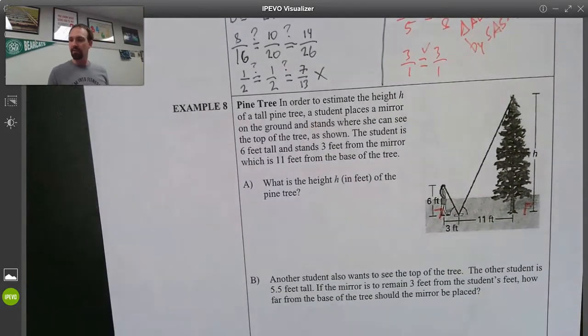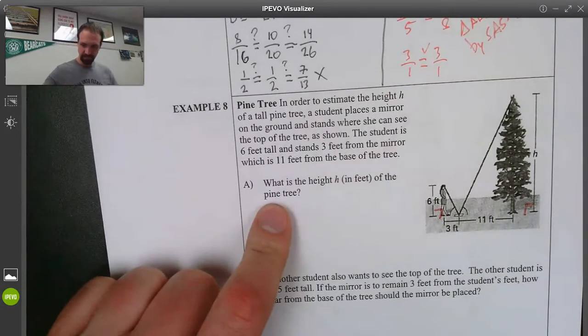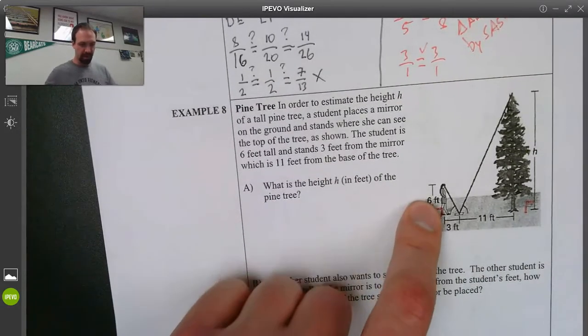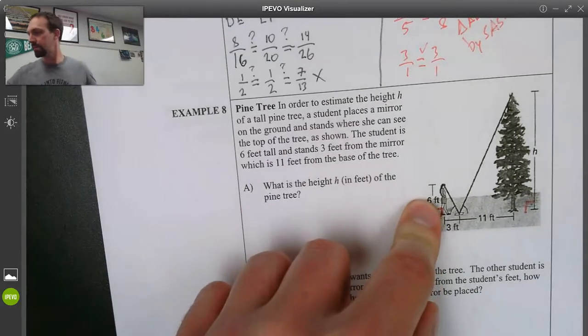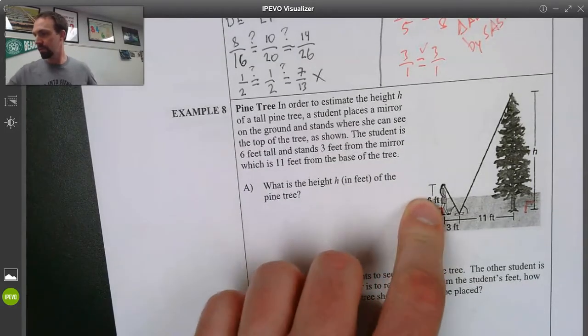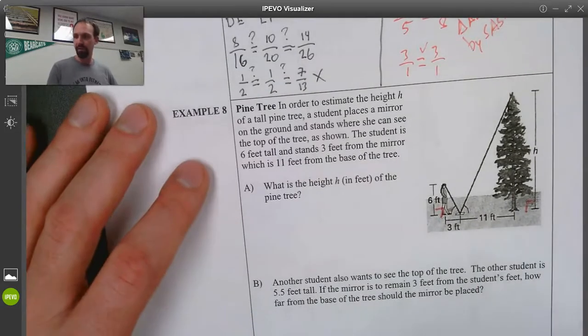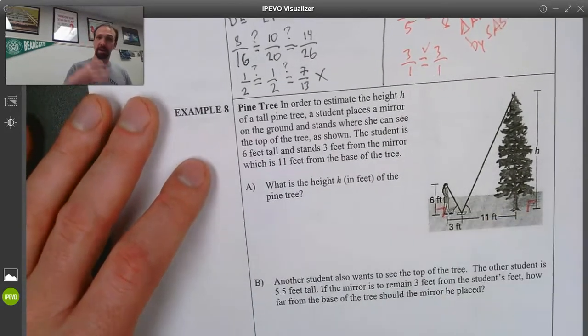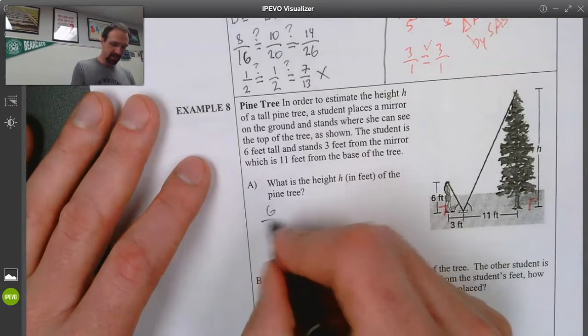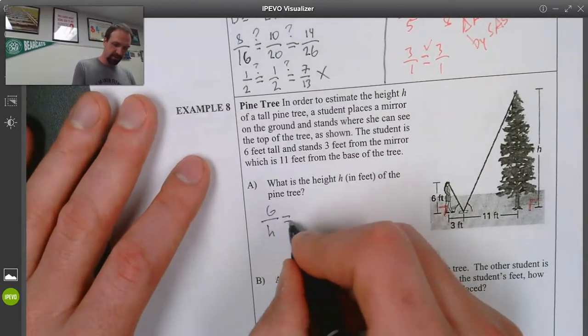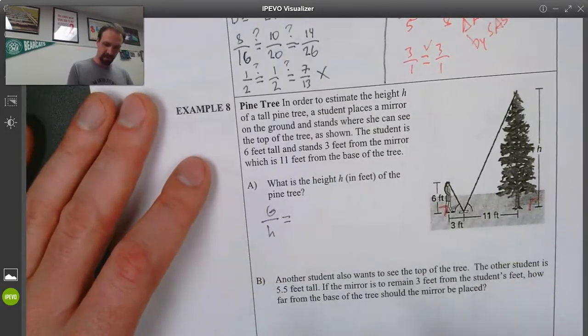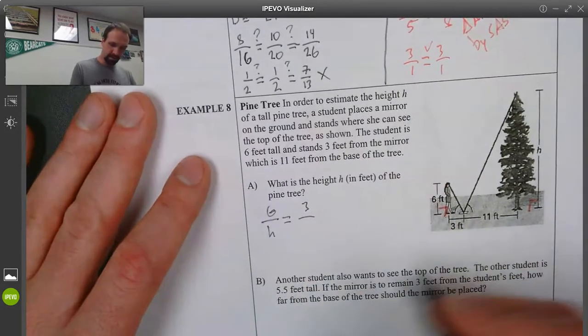So what we can do is set up a proportion. So we know that 6 over h, so the 6 feet, so it's the heights, 6 over h is equal to 3 over 11.